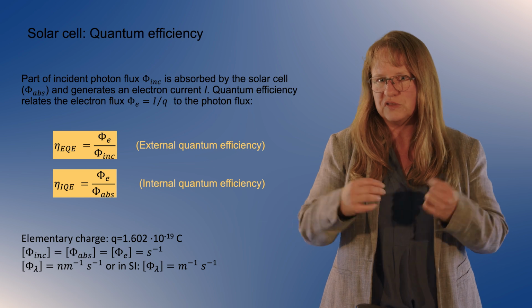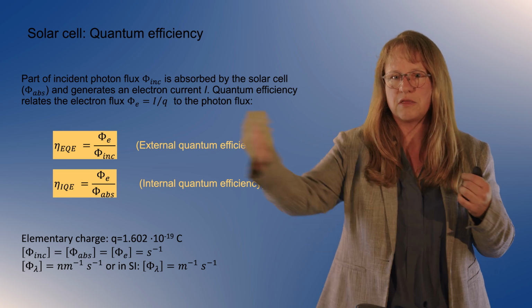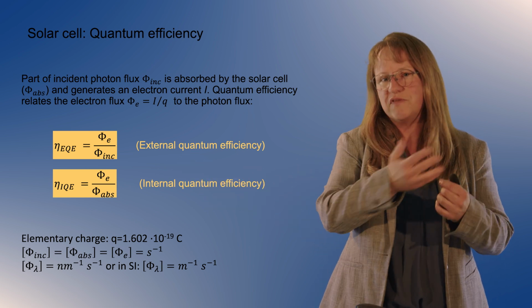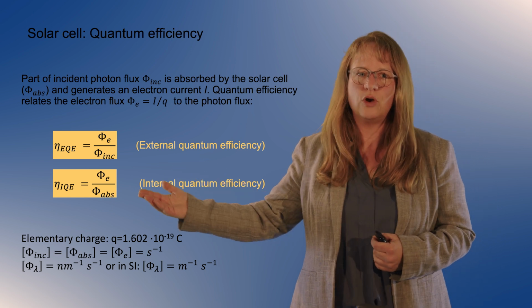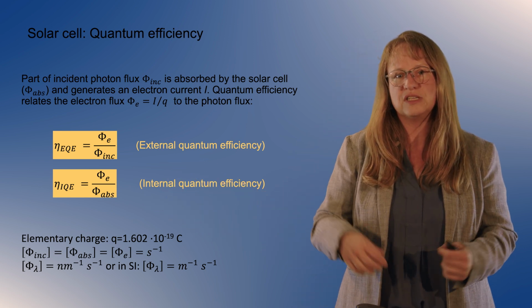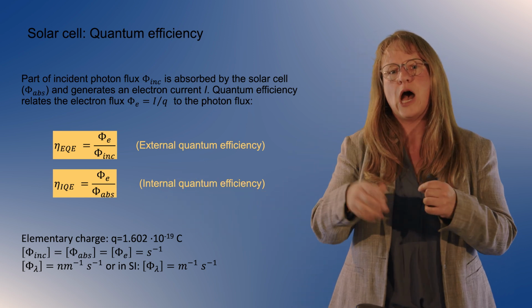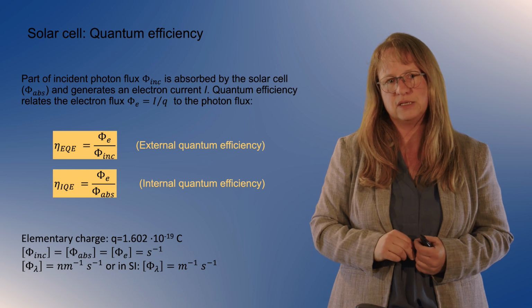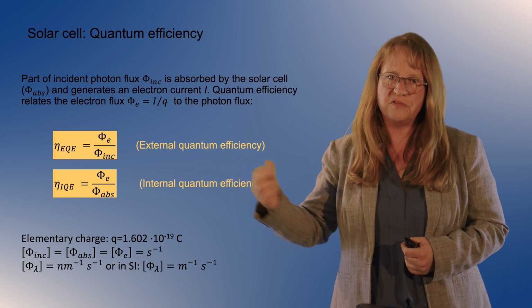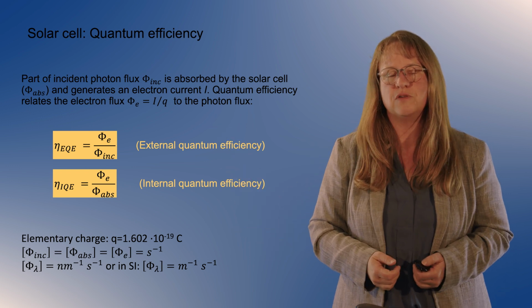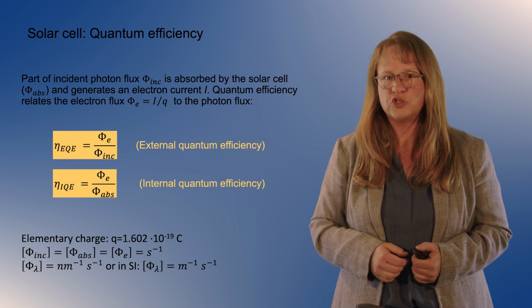Because part of the photons is not going to be absorbed, it's just passing through the cell, or it is reflected maybe. So the internal quantum efficiency only considers, if I have a photon that is absorbed, how many electrons are generated. And so these two quantum efficiencies are also often used if you're considering efficiencies of solar cells.